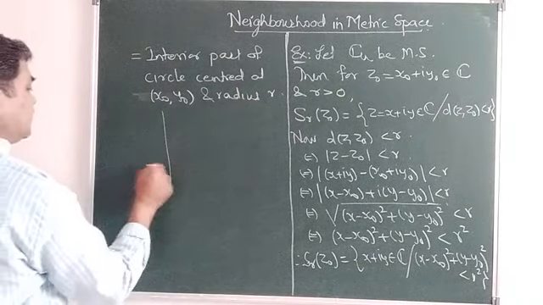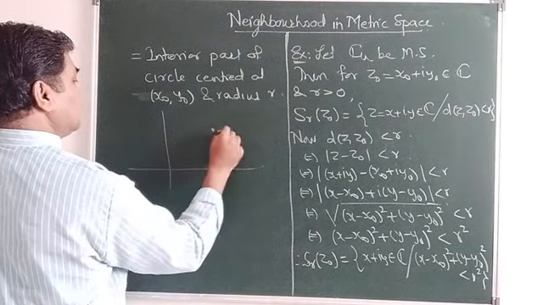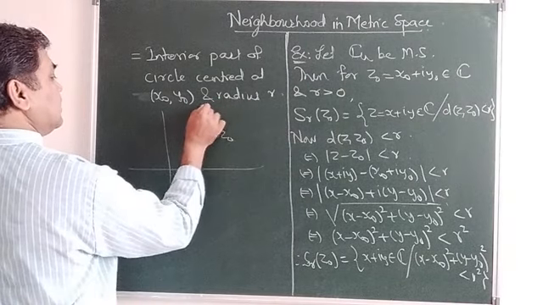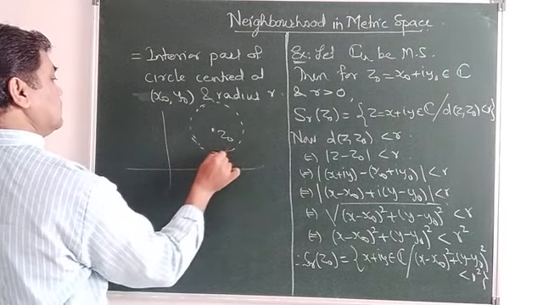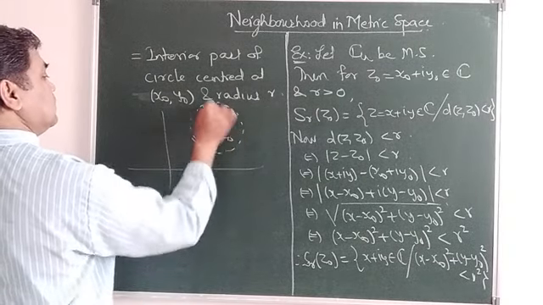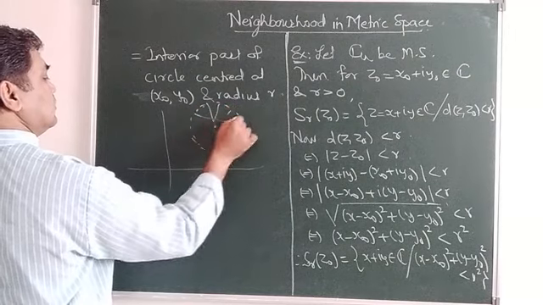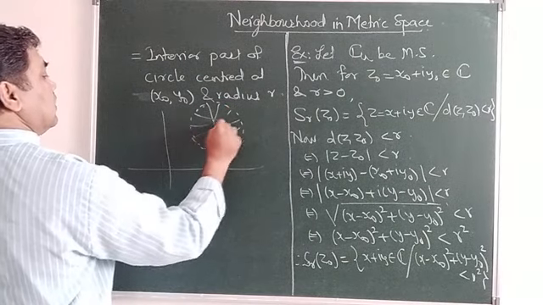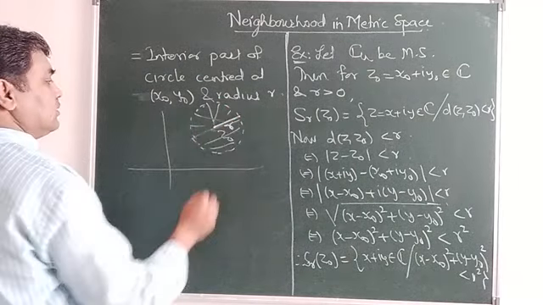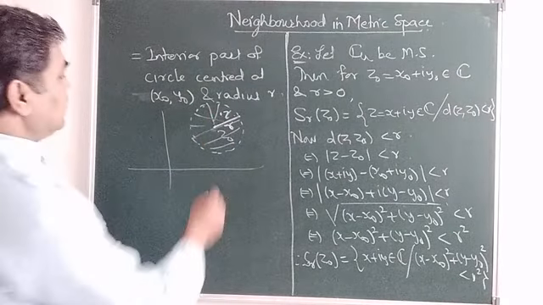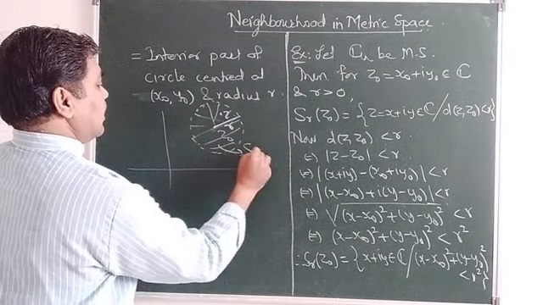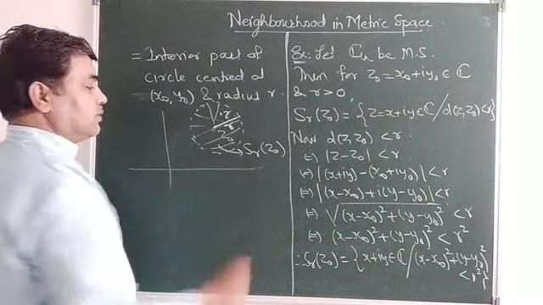So geometrically, if I have some point z naught here and r is the radius, then if I take any point z here, this is your S r of z naught. Is it clear?